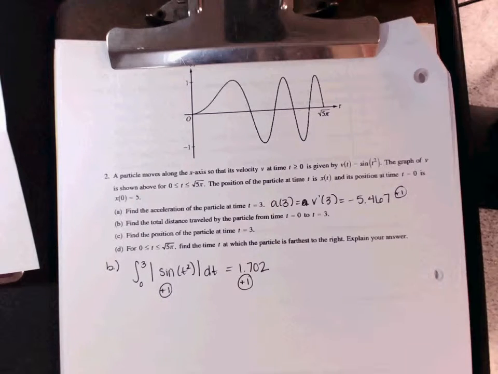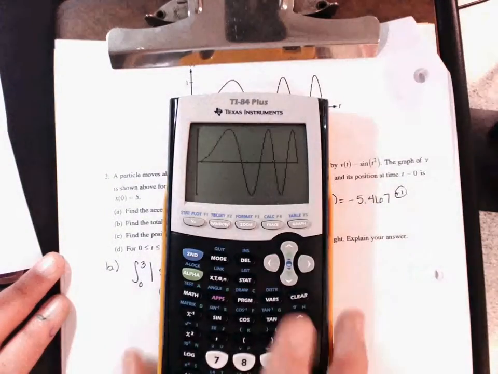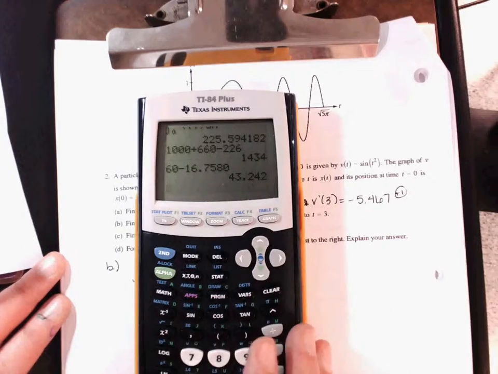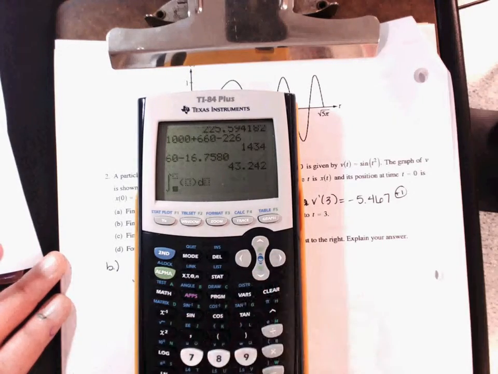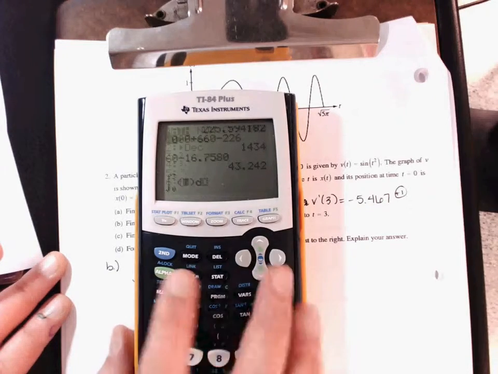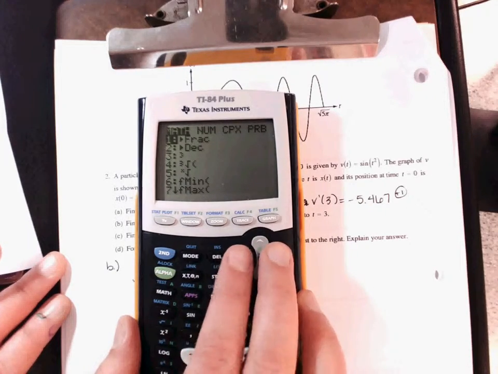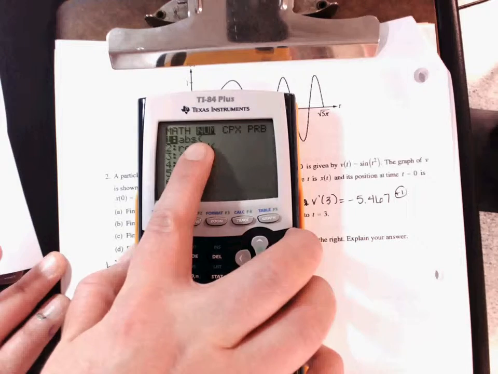Now, if you only put the answer, do you get both points? No. In the calculator? Sure. So there are 2 places that you can pull it up. So the first one, math 9, 0 to 3. Okay, you can go into math and go over to number 1, and it's ABS right there.